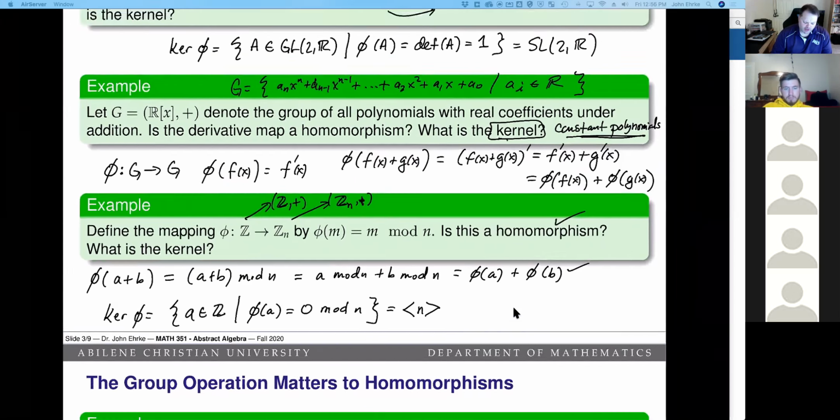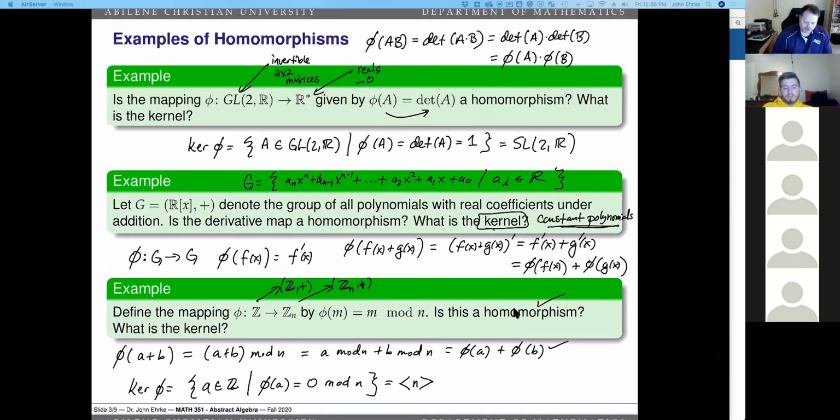So hopefully we're getting an appreciation for what the structure is of these homomorphisms. We're going to look at some properties in a second, but I want to give you a couple to try as well.